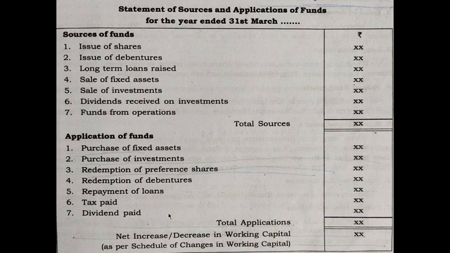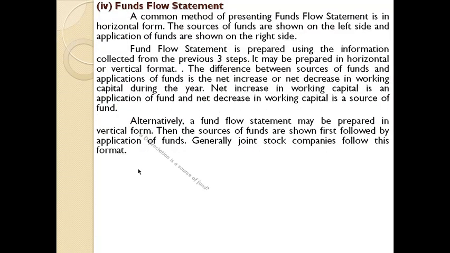So just go through all these items, and during computation part or the problem area you will be discussing some new items apart from the examples given here. Next one is depreciation is a source of fund.